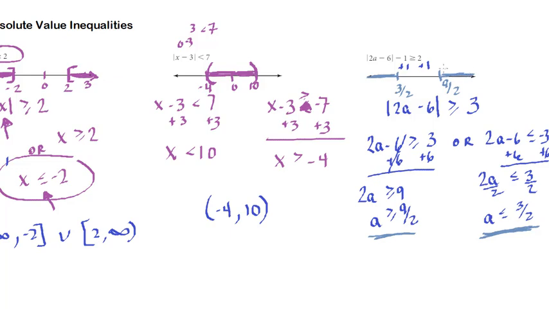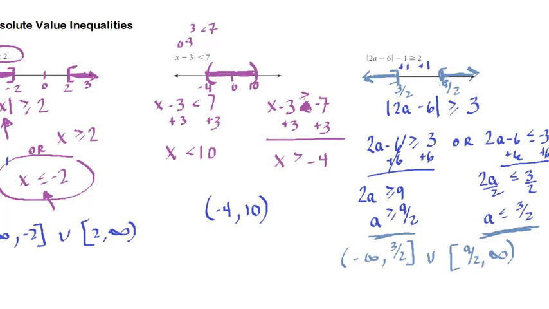And looks like I have squarey guy parentheses because it includes those endpoints, square or closed ball, whichever it is they're making you do on your XYZ. And the interval notation for this would look like negative infinity up to 3 halves, squarey guy, or 9 halves to infinity. Let's just make sure our interval works.